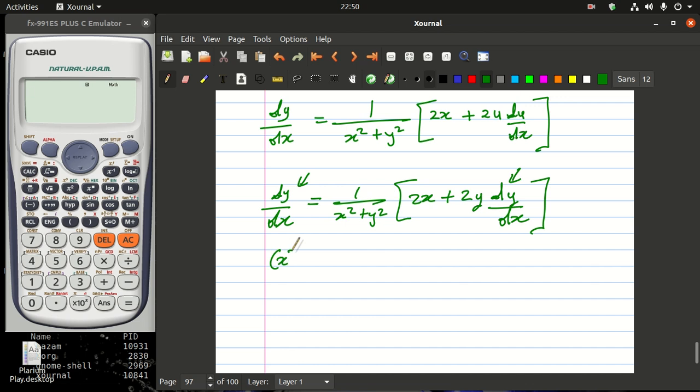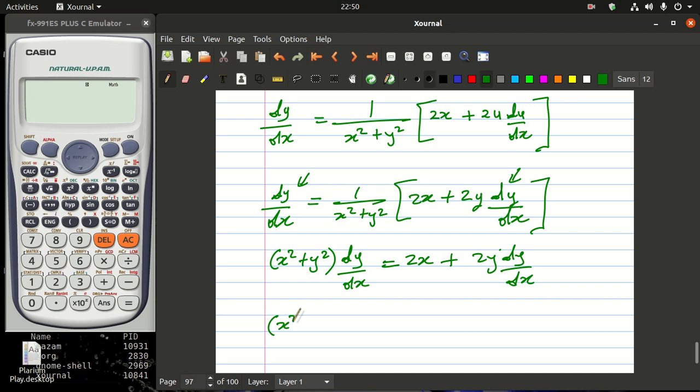I will end up having x squared plus y squared times dy/dx must be equal to 2x plus 2y dy/dx. If you take note of this, I'm going to take this to the other side and its sign is going to change. I'm going to leave this here.